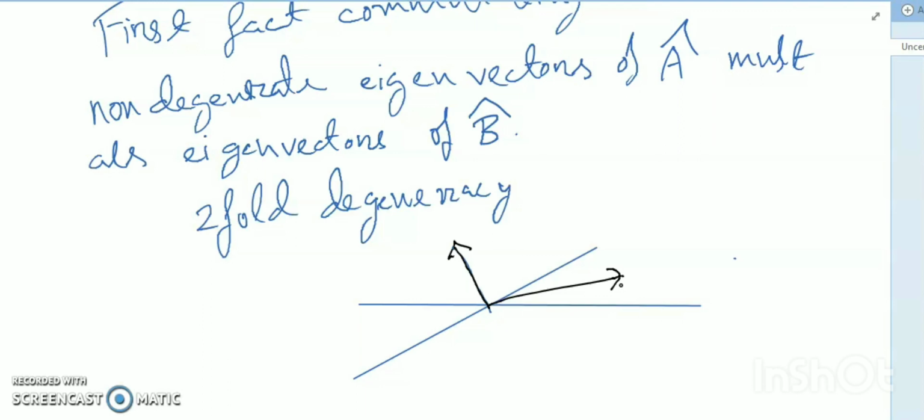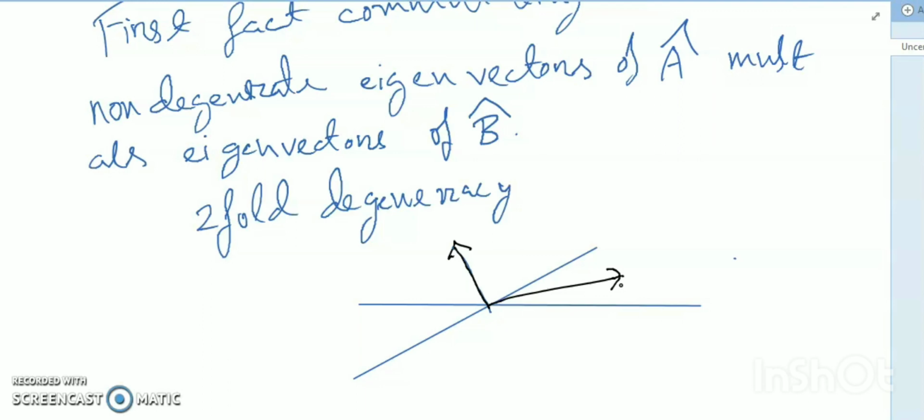These eigenvectors form a degenerate eigenspace. In this case, it is the plane. Now when A acts on any vector in this plane, it simply scales it by lambda.